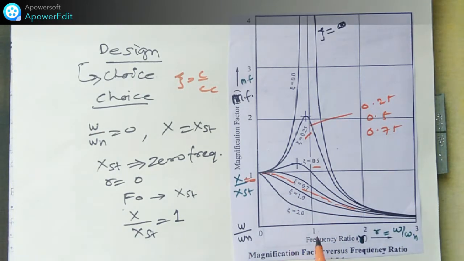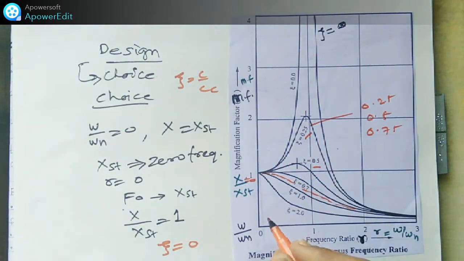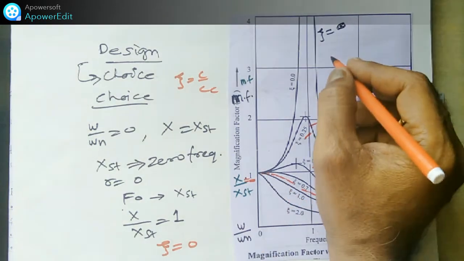If the damping is such that zeta is equal to 0, so no damping is there, the response is infinitely large.